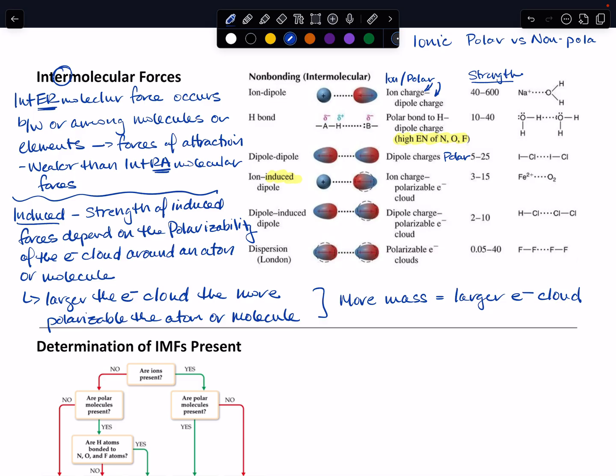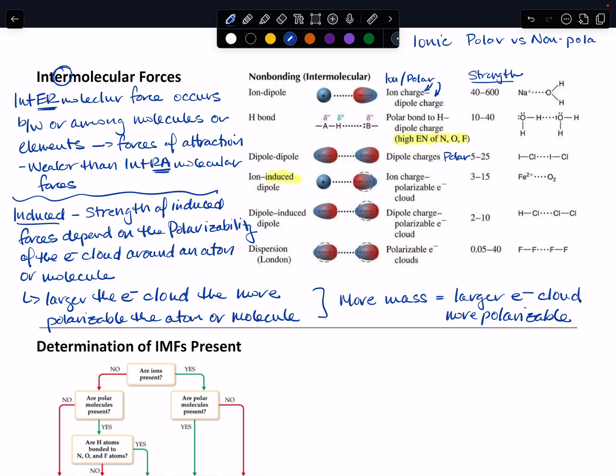Those electrons are further away from the nucleus, so the force of attraction is a little bit less, which means that they can be pulled to one side of the molecule or another by an outside force compared to something that's much smaller, say neon or even helium. So more mass equals a larger electron cloud, which means more polarizable. Just keep that in mind when you're comparing compounds, as we'll see when we talk about physical properties. That's where the comparison comes in.